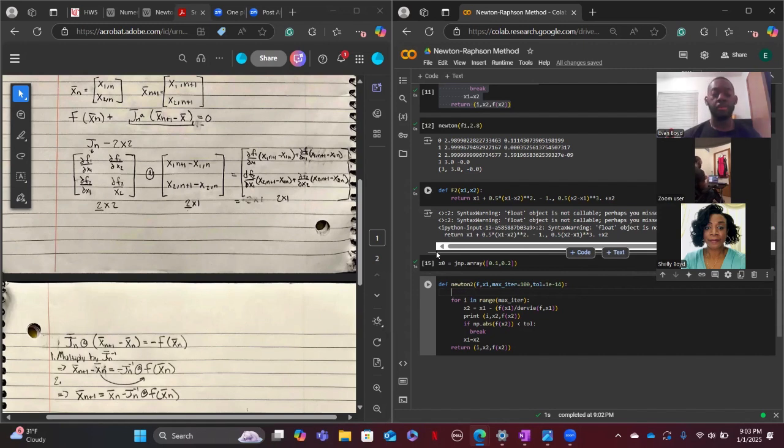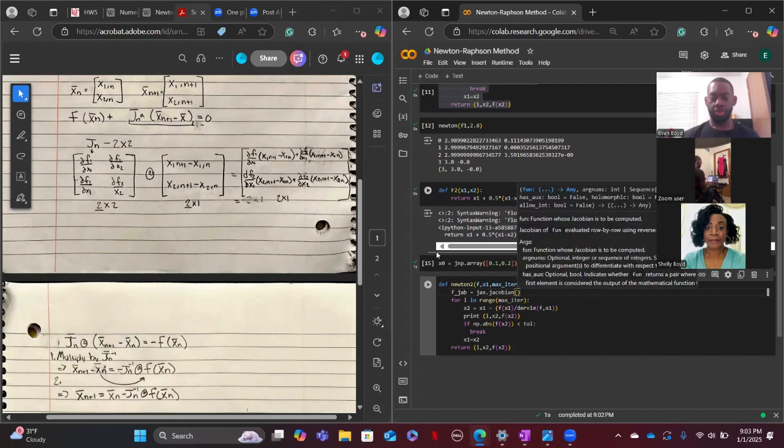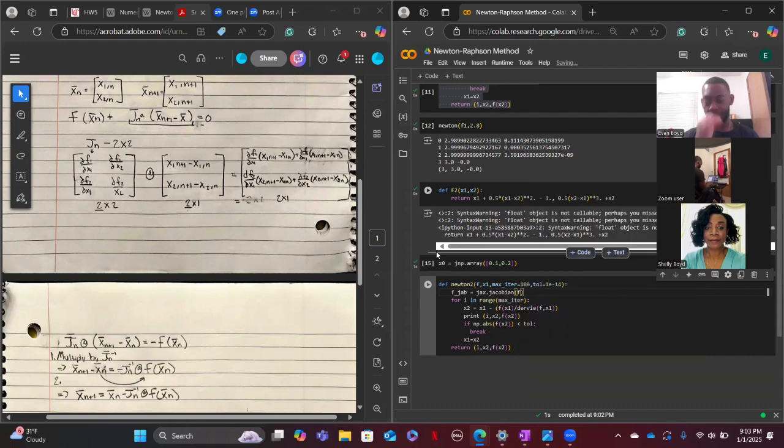In the Jacobian domain, we want to have our f. So we will say this f of Jacobian is basically equal to jax.jacobian of our function for our root solver.